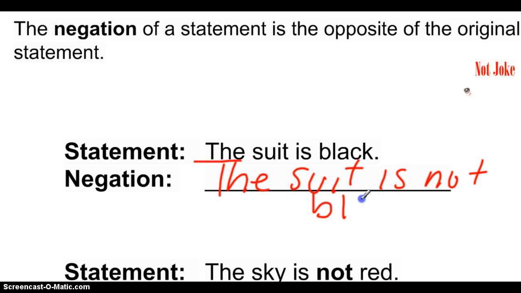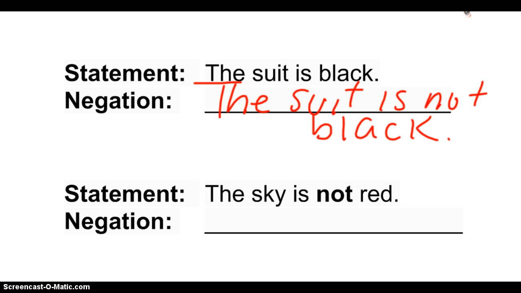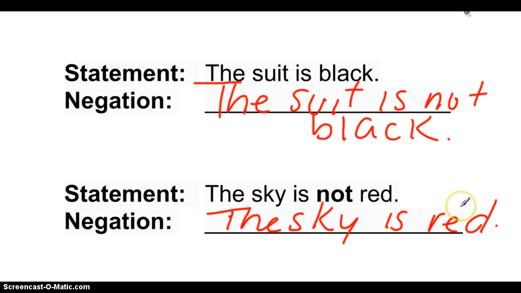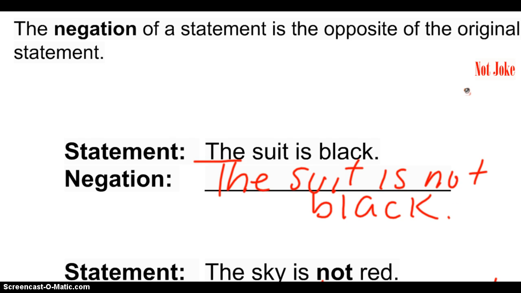It's basically using not as a negation. Let's look down here. The sky is not red. The negation would be the sky is red. So that's it for negation. It's not very hard. It is very easy. Let's see if you remember this.